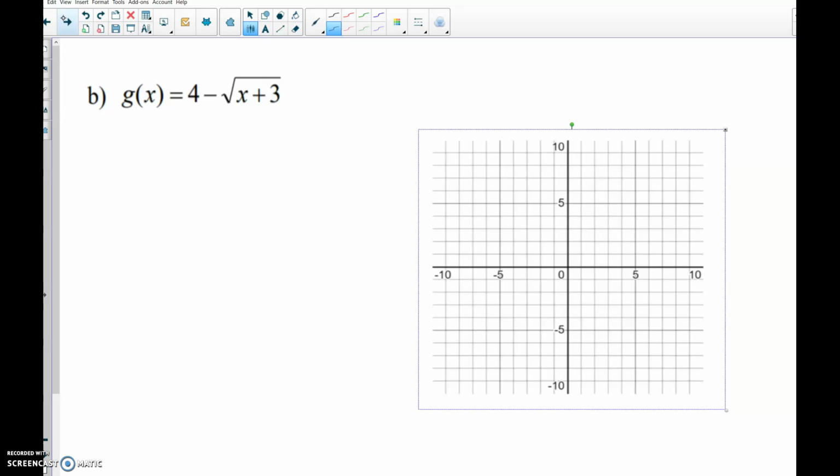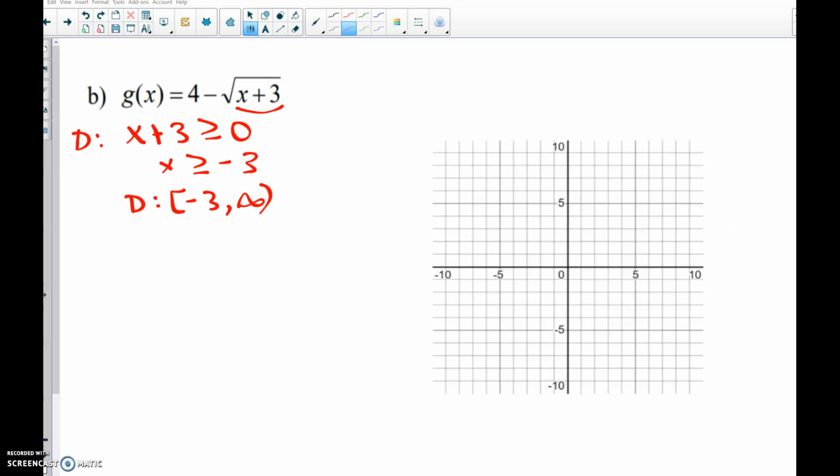Next problem. Square root function again, so we are going to set the radicand greater than or equal to 0 to find our domain. Our domain is negative 3 to infinity. For the points we are going to choose, we want the radicand to be equal to 0, 1, and 4. We have the value here that makes it equal to 0.